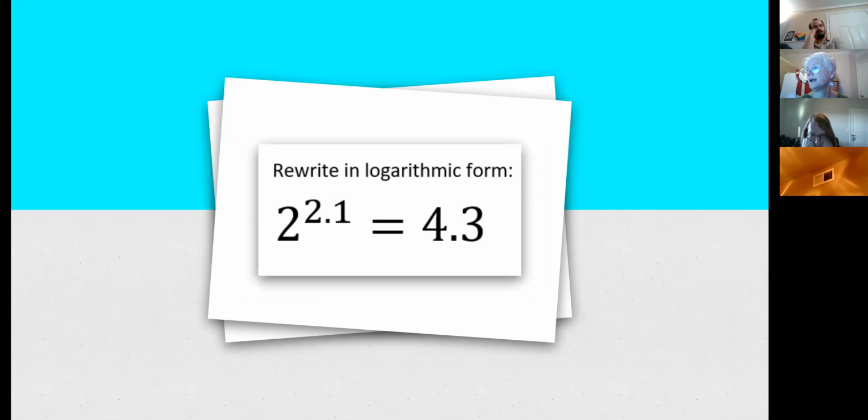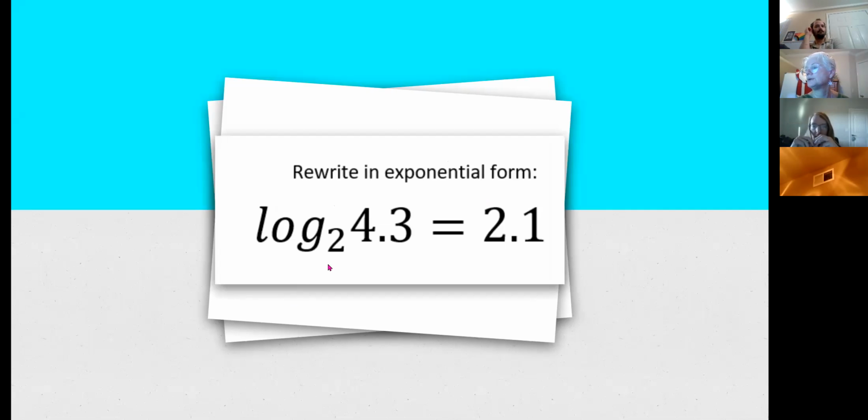Same way you should be able to rewrite this in logarithmic form. In logarithmic form, the exponent becomes the base. So this would be log base 2 of 4.3 equals 2.1.